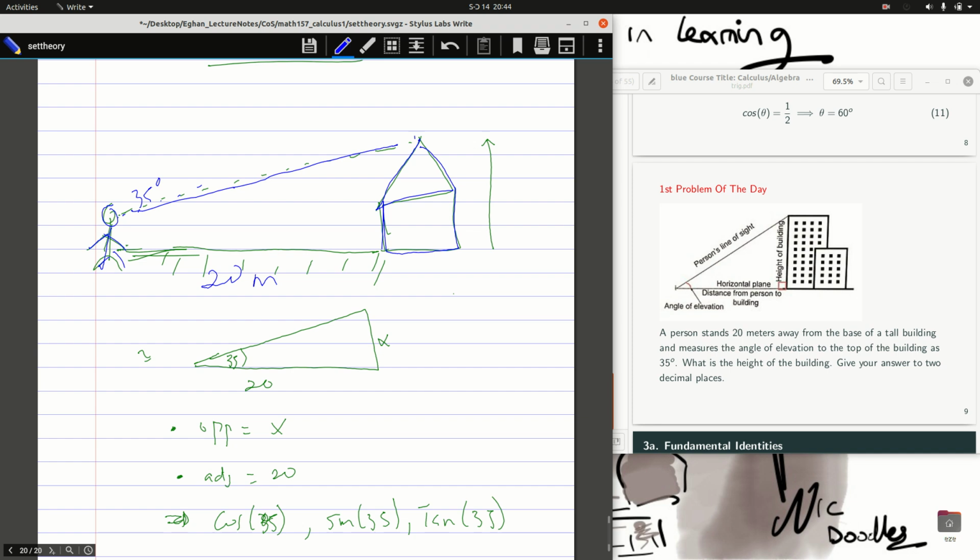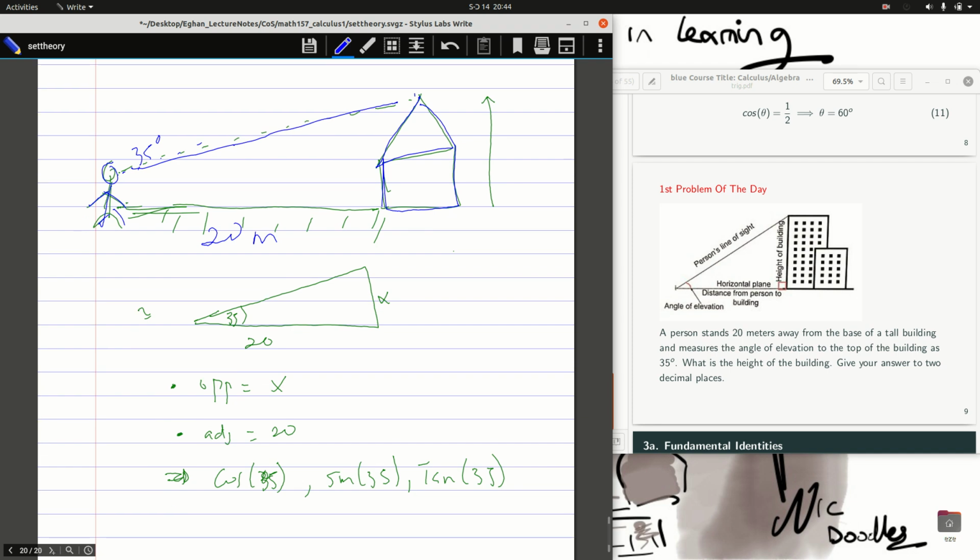That is the height. So if I want to bring it to a three-dimensional measurement, you realize I have a shape like this. You standing here, and then the base of the building. We have the inclination of 35 degrees, and we have the base 20 meters away. We want to find x. That is the problem.